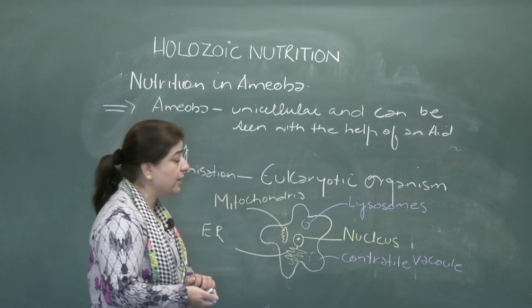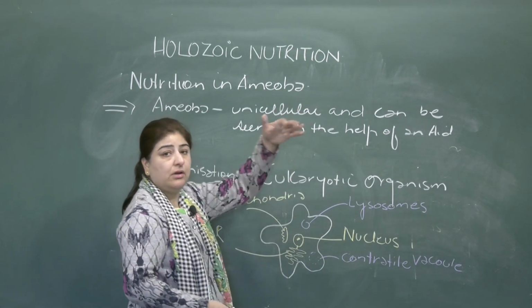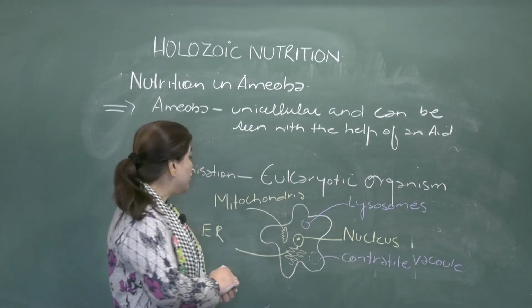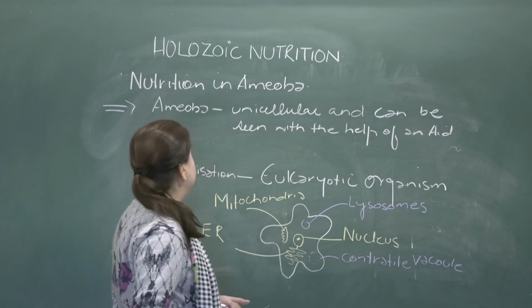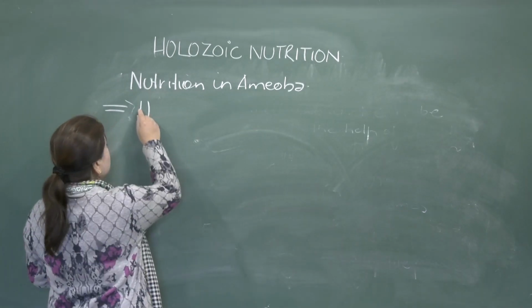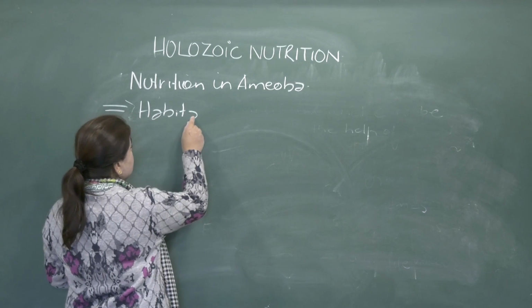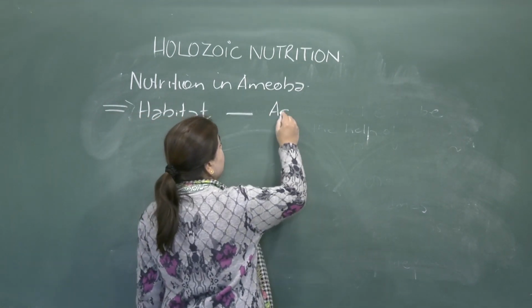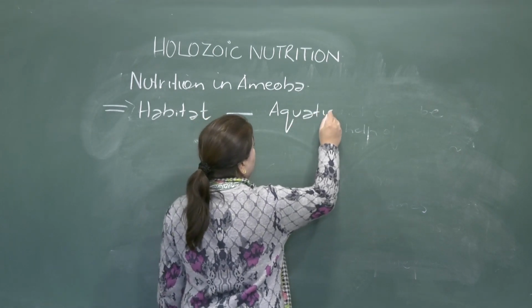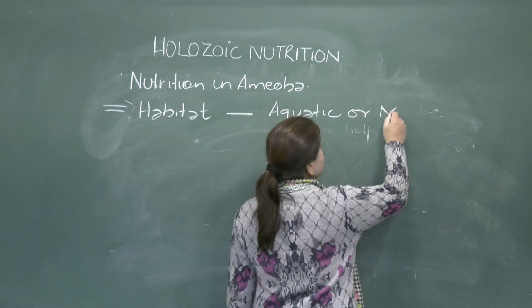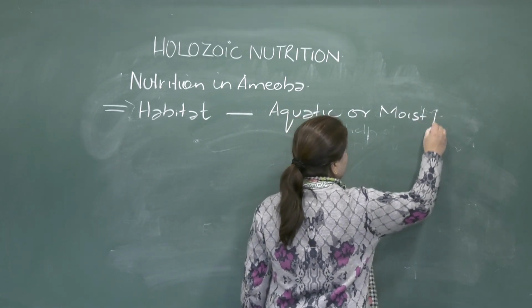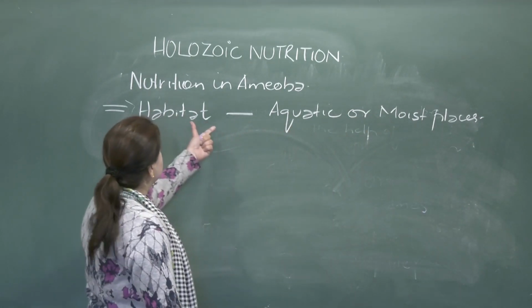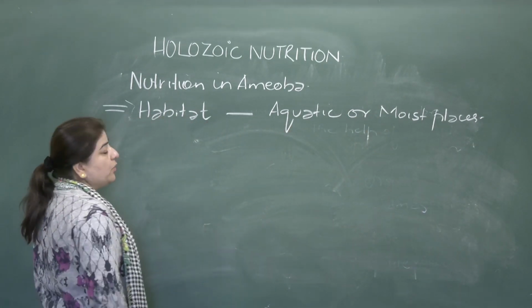So all the essential organelles that a eukaryotic organism should possess are possessed by this amoeba. Then talking about the habitat, amoeba is usually found in an aquatic habitat or in moist places. Okay, so this was something about the amoeba.